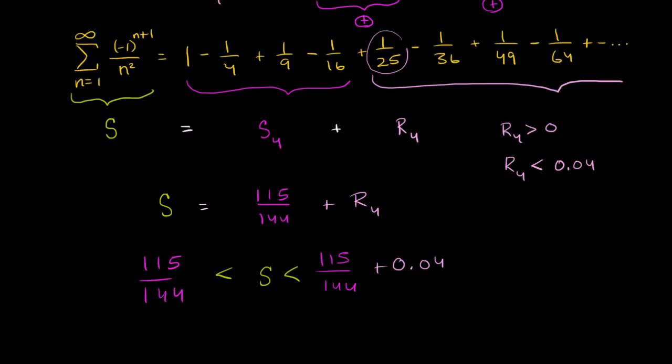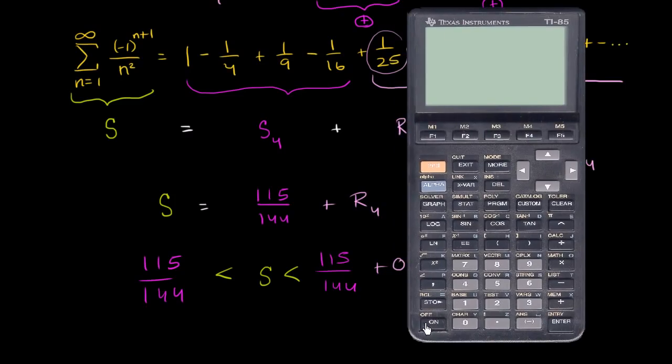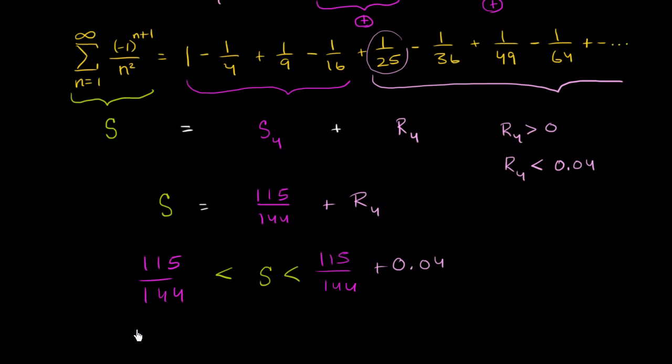And let's now get the calculator out just to get a little bit better sense of things. So if we say 115 divided by 144, that's 0.79861 repeating. So 0.79861 repeating is less than S, which is less than this thing plus 0.04. So let me write that down.